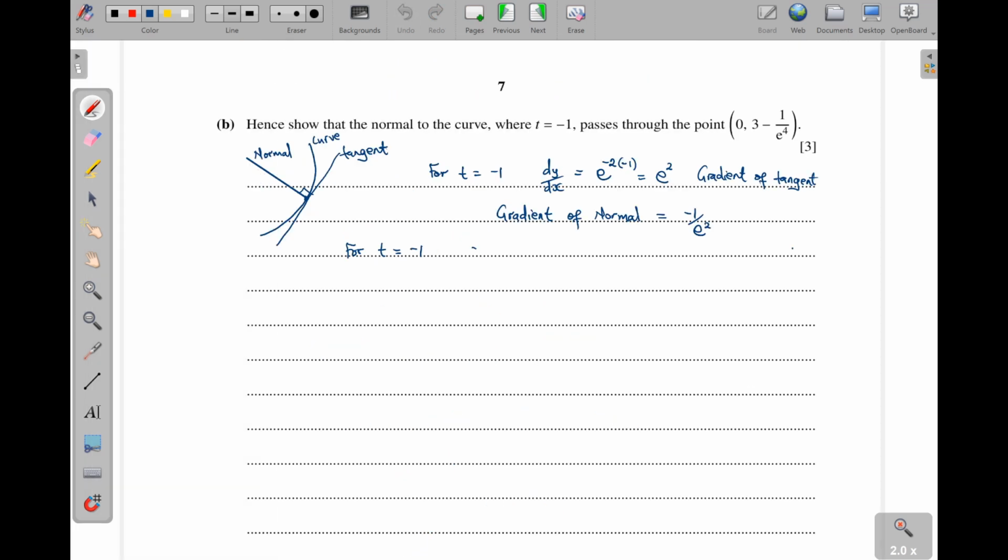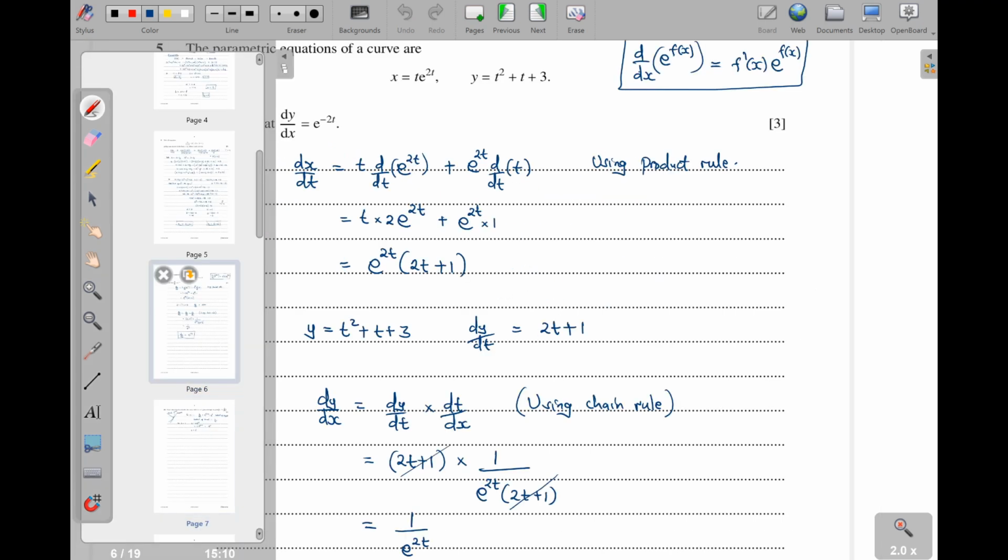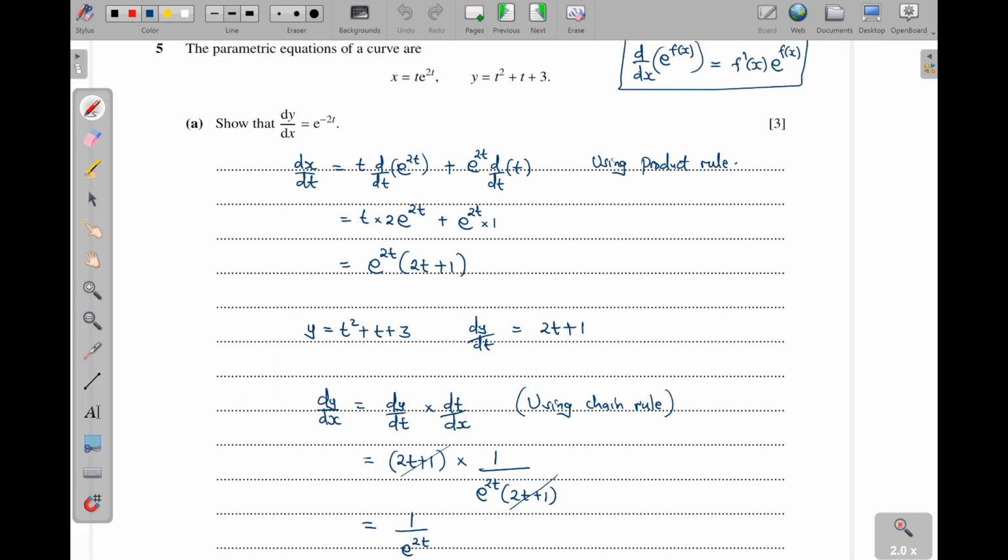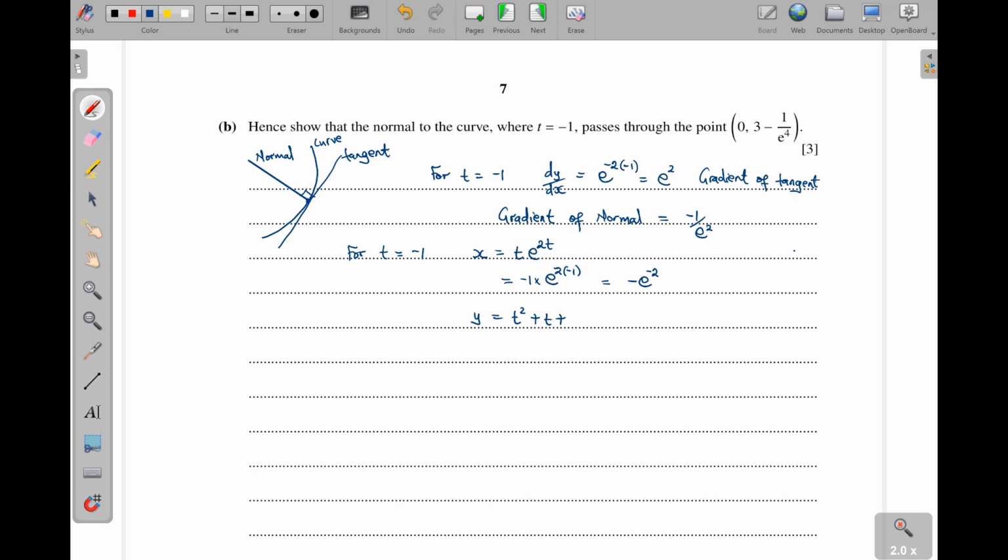x is going to be, remember it is t e to the power of 2t. So we are going to have negative 1, times e to the power of 2 times negative 1. So that is negative e to the power of negative 2. Then the y coordinate is t squared plus t plus 3.